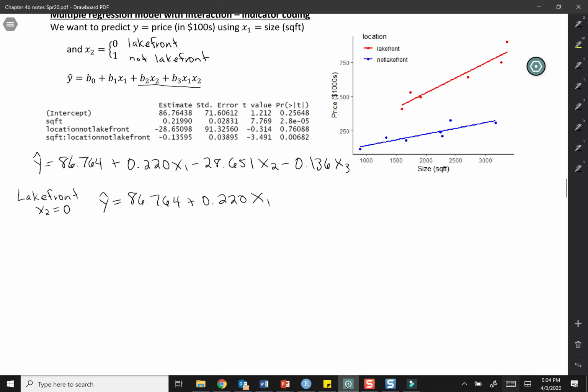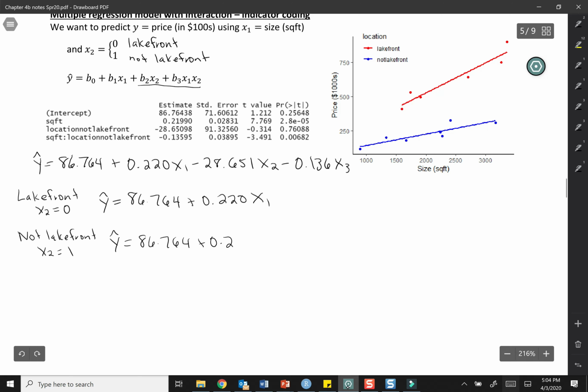Okay, so now let's take the ones that are not on the lakefront. So here you want to plug in x2 equals 1. So it starts off the same way, but you're going to have adjustments to this slope and intercept. So let's see, we've got minus 28.651.